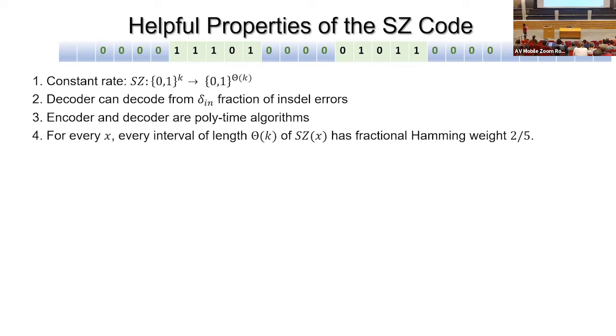One interesting property is that if we look at the SZ codeword, there are many ones in the encoding. Every segment of length theta k is actually pretty dense, about 2/5 ones. That's nice because it helps us distinguish zero blocks from information blocks.